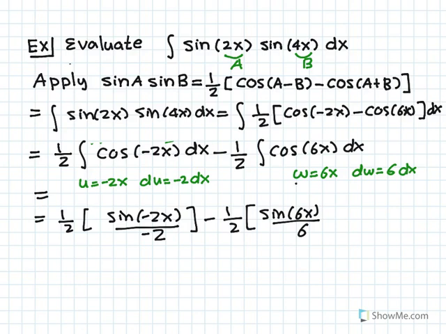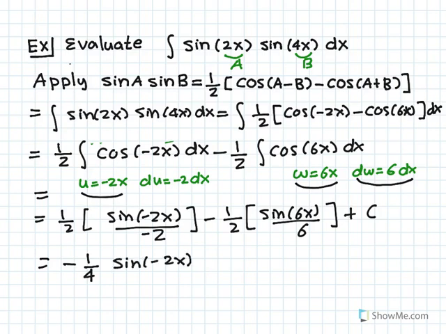I just used a different letter w so that it's different from the first letter u. All right, let's simplify this, and we get negative 1/4 sine of minus 2x minus 1/12 sine of 6x plus c.